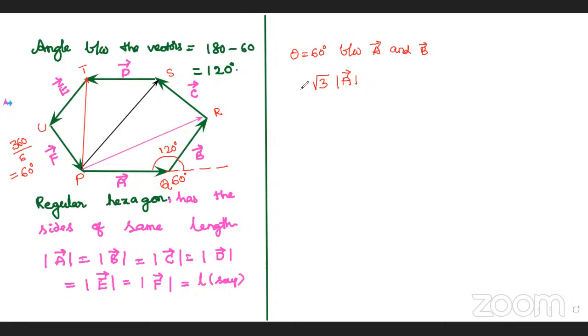So directly I am going to write the magnitude of PR bar equals root 3, using the shortcut, times mod A bar.